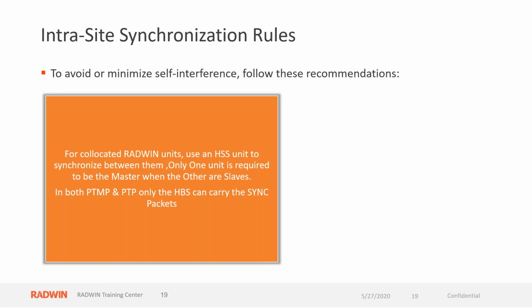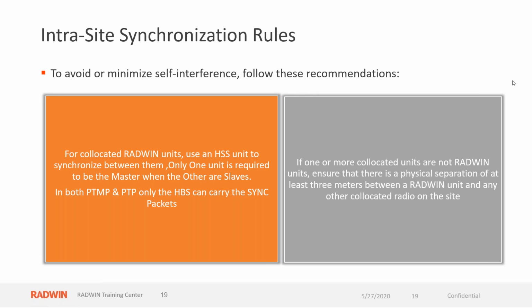In both point-to-point and point-to-multipoint, only the HBS can carry the sync packet. In a star topology, point-to-point, the base station for D+, A+, and C+ needs to be at the center, because only the base station can inherit the clock from the master or become the master. This is a rule that needs to be remembered.